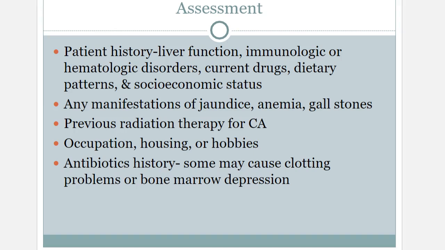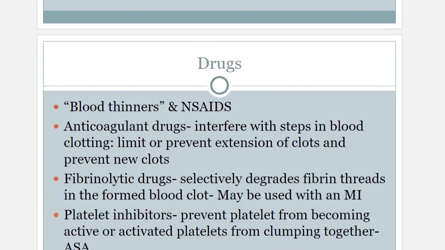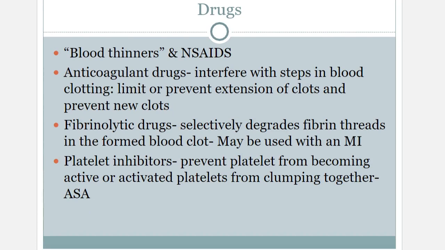And then again, anything having to do with the eyes could also alert you to someone having a jaundiced sclera, hemolytic anemia, or even a pale conjunctiva, which would alert you to someone having very, very significant anemia.